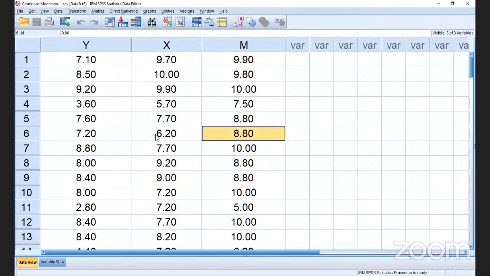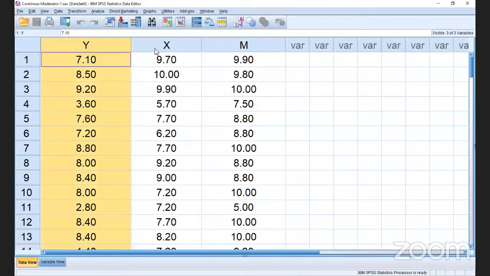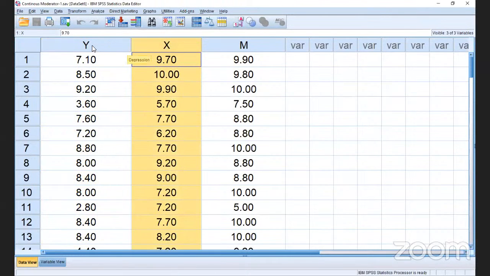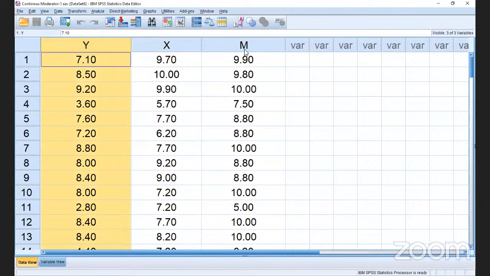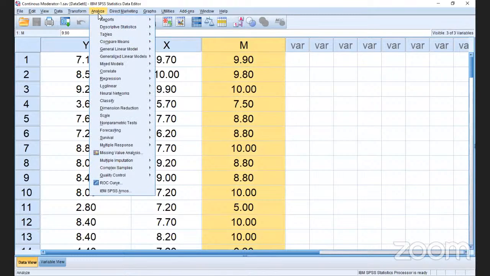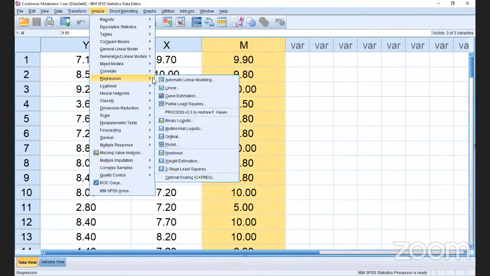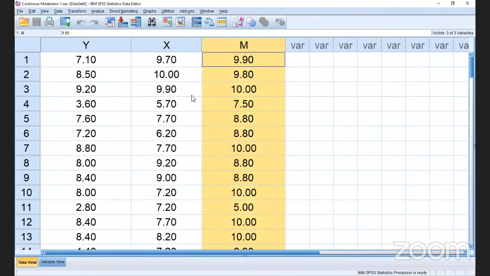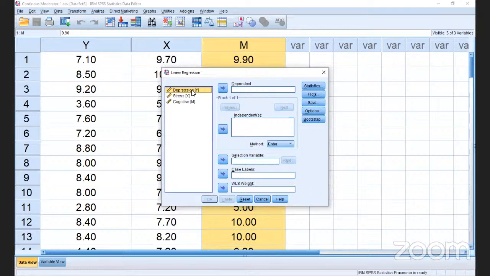Okay. Now I start this case study. So here, first of all, we use simple regression analysis. We want to find the relationship between the dependent variable and independent variable, and then the dependent variable and moderator variable. So I start with Analyze, then Regression, Linear, and after it depression, that is the dependent variable.